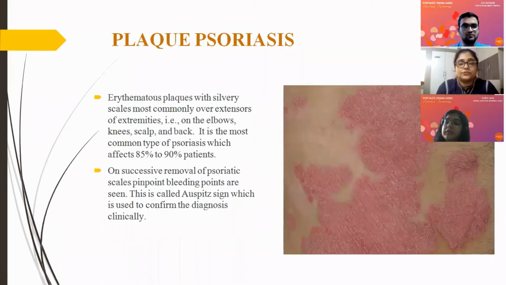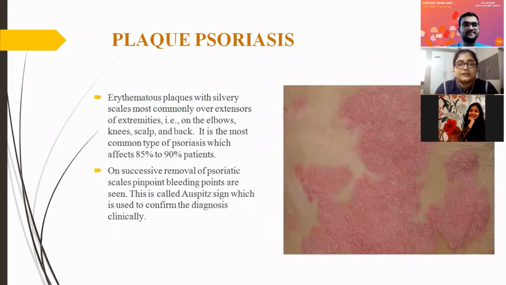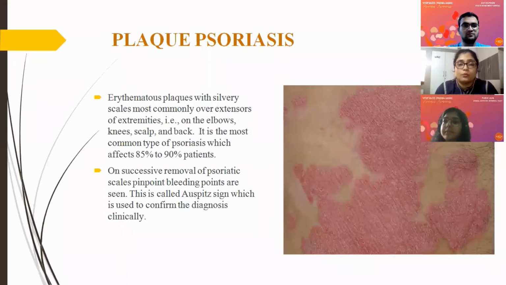Now the plaque psoriasis or chronic plaque psoriasis, you can see in the picture, the erythematous plaques with silvery scales, most commonly over the extensors of extremities, on the elbows, knees, scalp, back. It is the most common type of psoriasis, which affects 85% to 90% of patients.